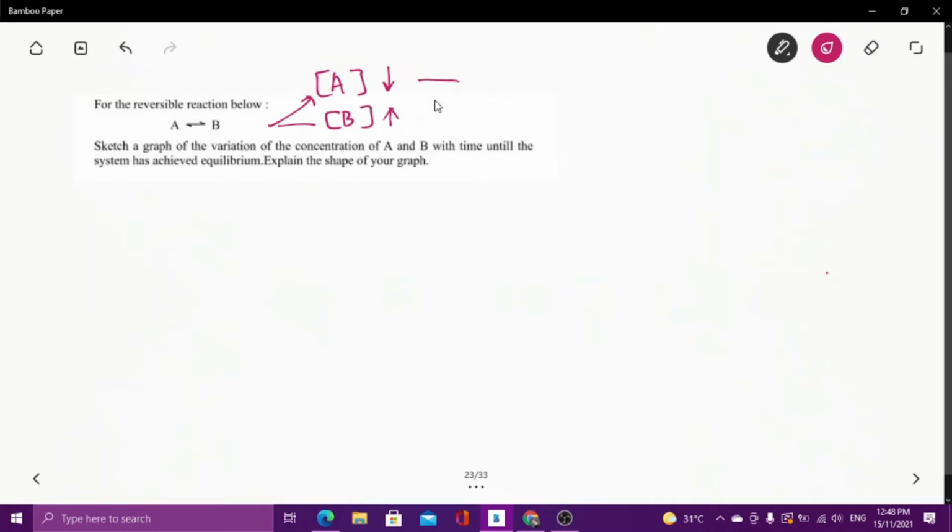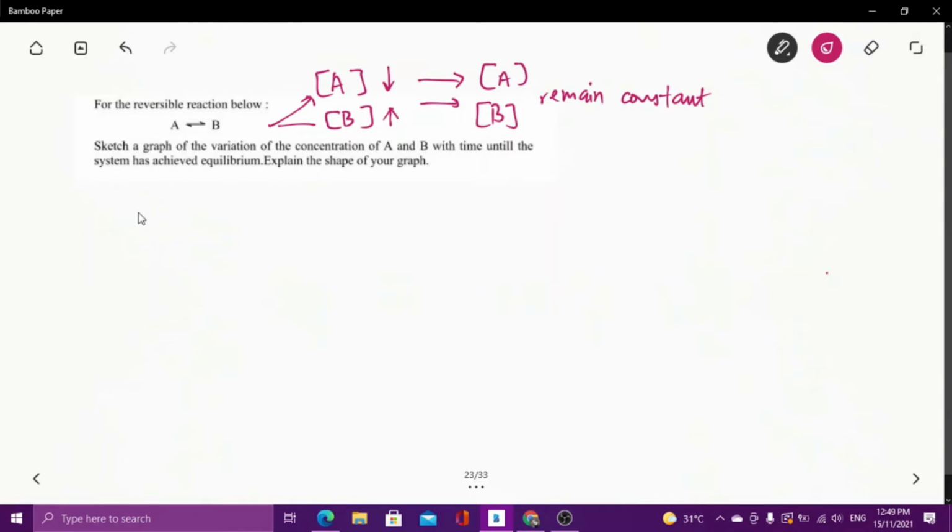But at some point, the concentration of A and also the concentration of B, dia akan remain constant. Dia akan sampai satu tahap, dia akan jadi sekata. Okay, tiada perubahan dari segi concentration. So that's the point where equilibrium has achieved.